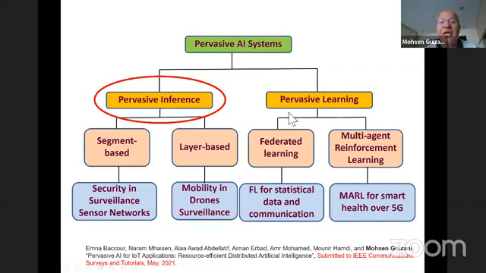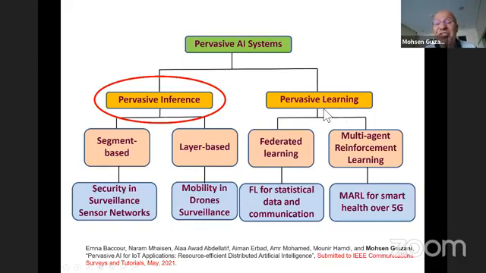In pervasive inference, for those who are looking for new ideas for research, it is still a new area, and there is not much available in the literature about pervasive CNN, convolutional neural network, segment-based and layer-based, for instance, being used in security or surveillance, in drones and collecting data about the smart city and so on.